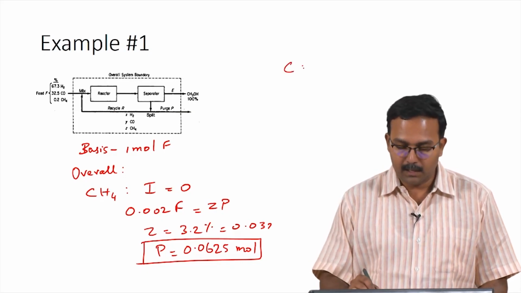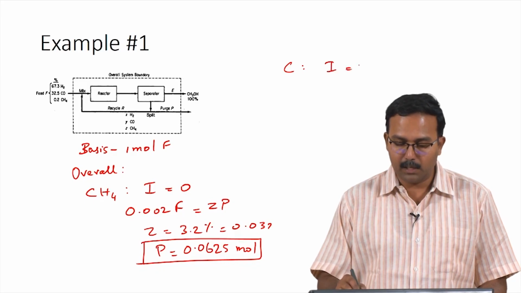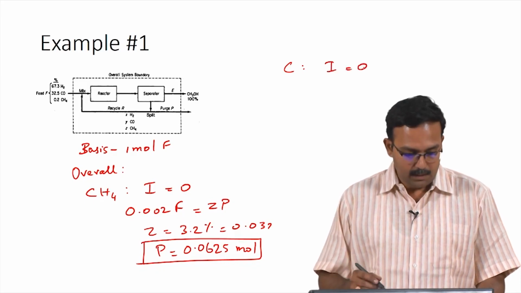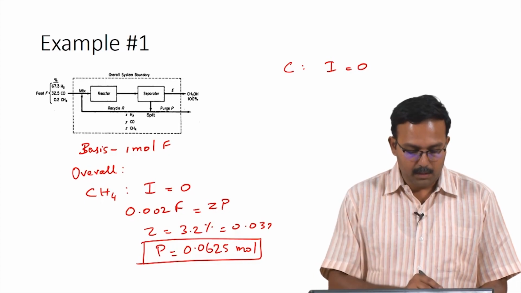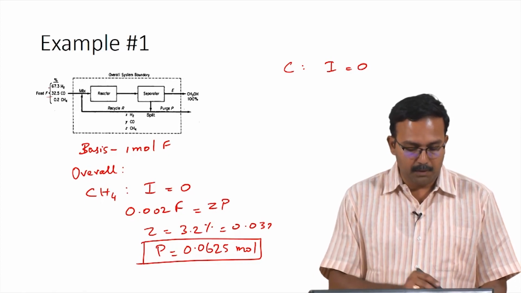So when we write the carbon balance, we would have input equals output at steady state. The input for carbon for the overall system comes from the fresh feed.